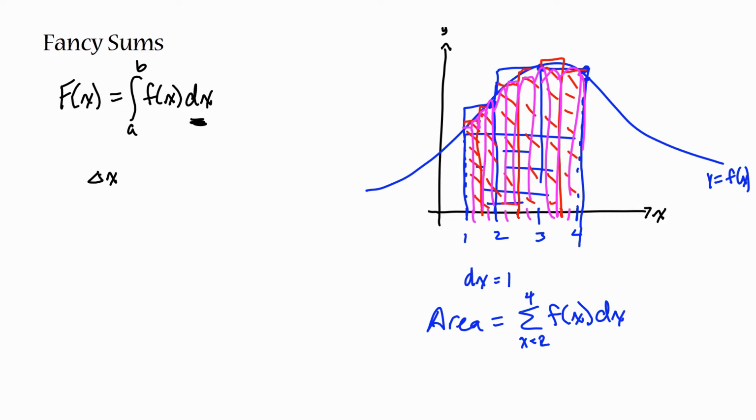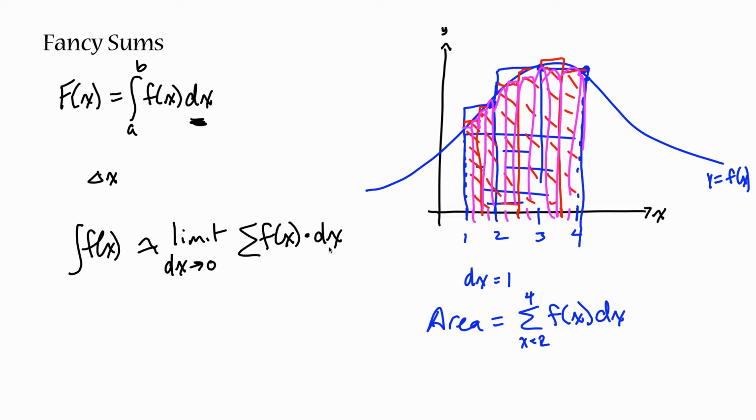So you can think of the integral of f at x as being kind of like the limit as dx goes to 0 of a fancy sum of the function of x times dx, your differential.